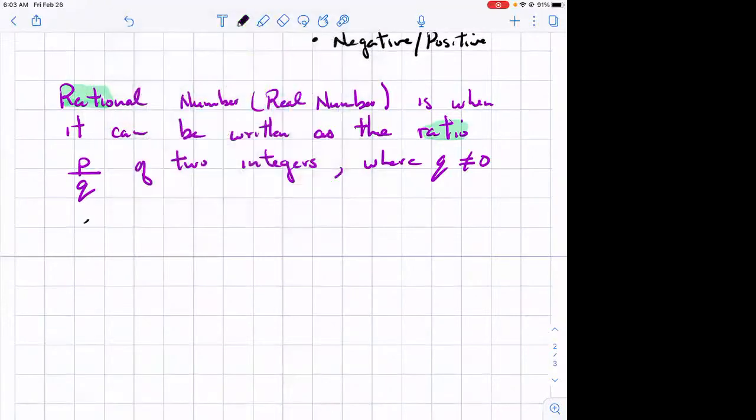Examples of these would be things like 1/3, or 1/8, or even 5, because 5 is 5 over 1. Or -3, because -3 is -3 over 1.